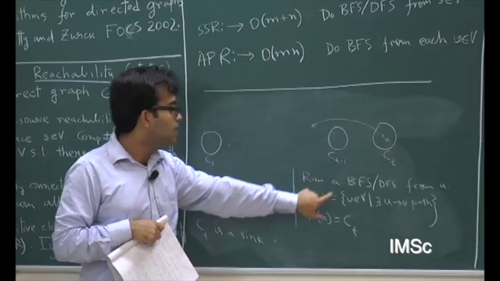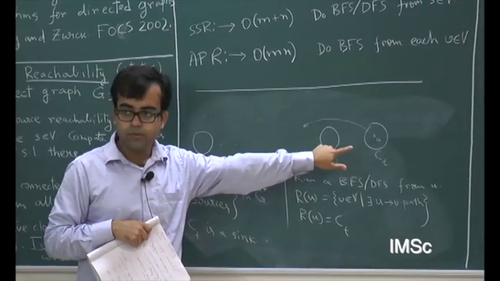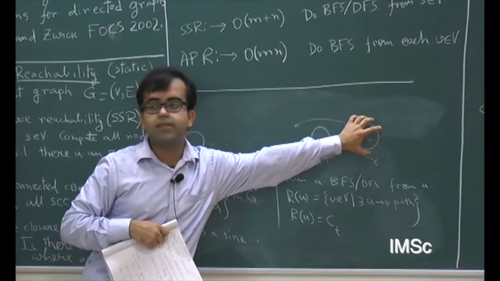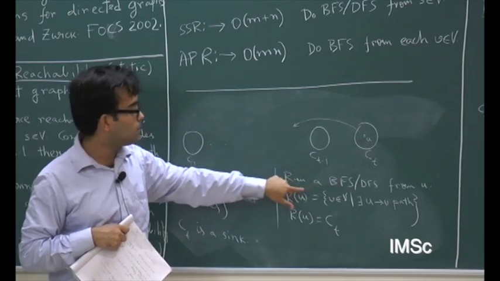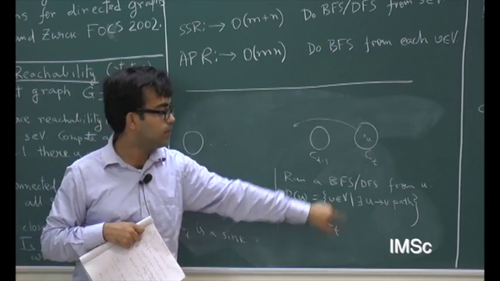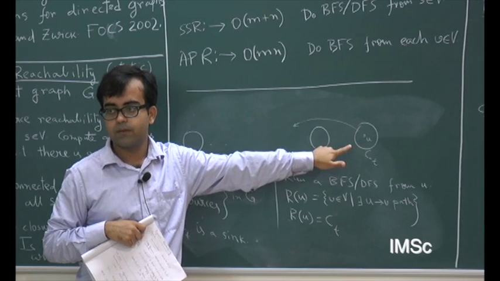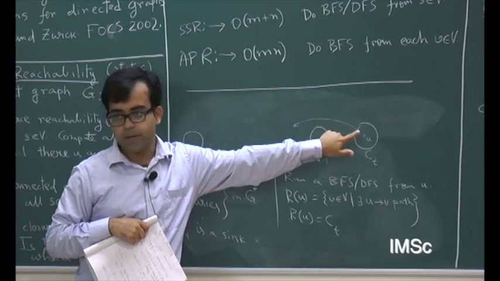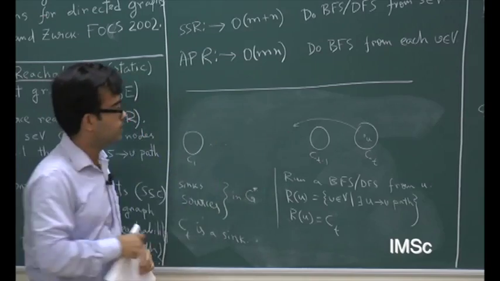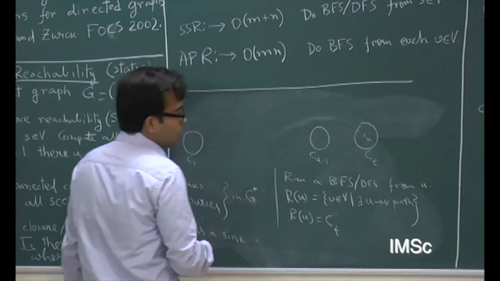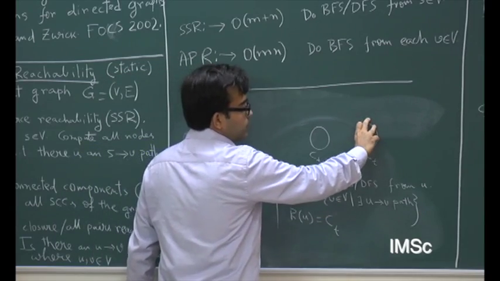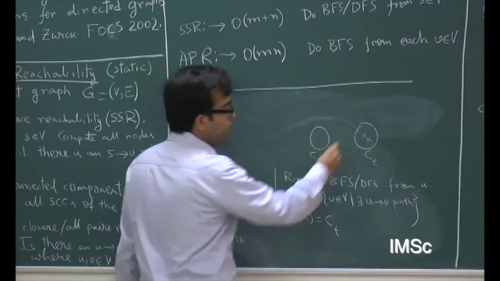Then we can just run a BFS from u and recover all the nodes in this component, because the output of this BFS will coincide with the nodes in this component. You got this part, right? There will not be any edge going out of it. So then what you do? You can just remove all those nodes and edges and repeat.